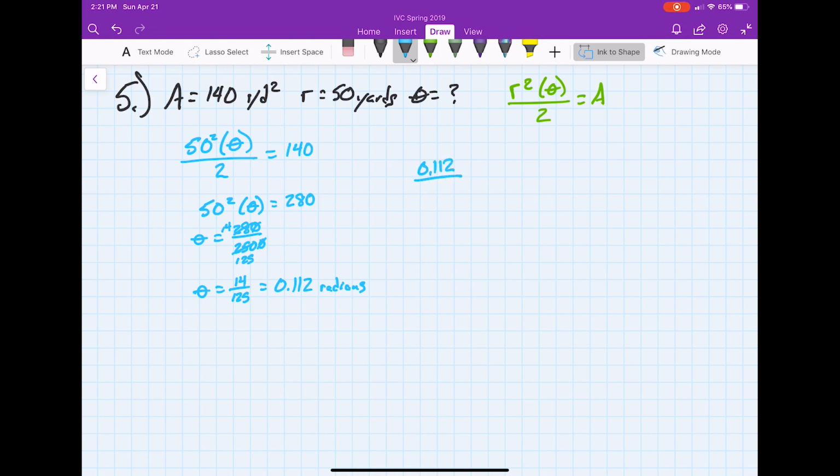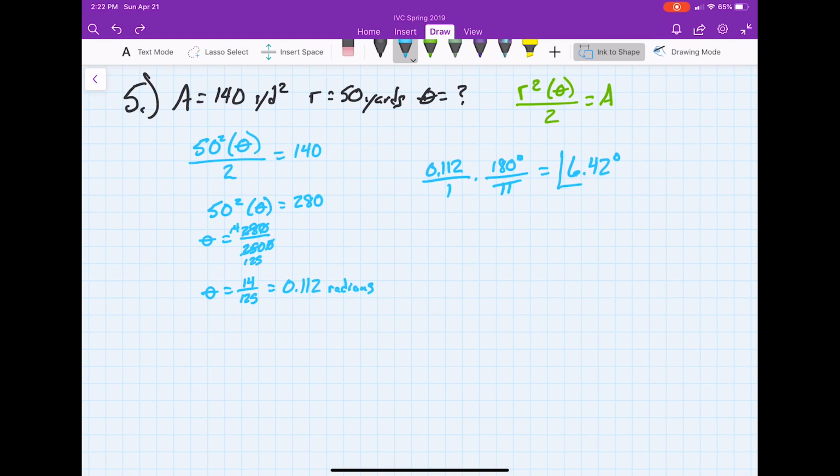So it's 0.112 over 1 times 180 over pi. So we'll just multiply this out. 0.112 times 180 divided by pi gives us 6.42 degrees. And that is the end.